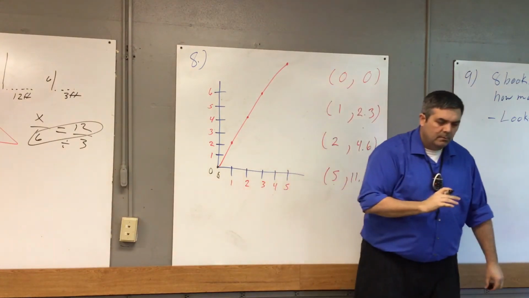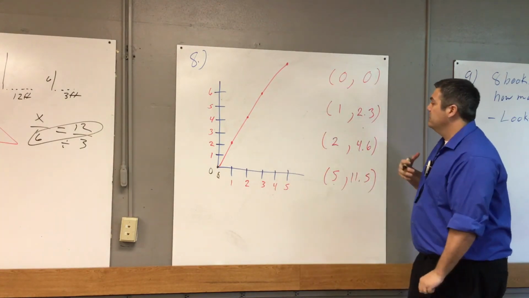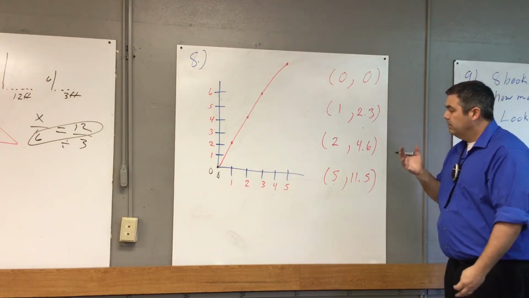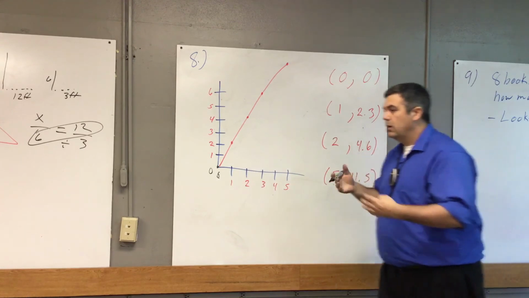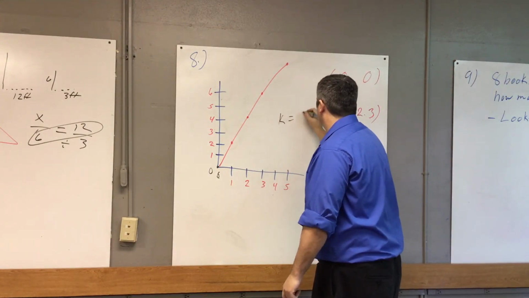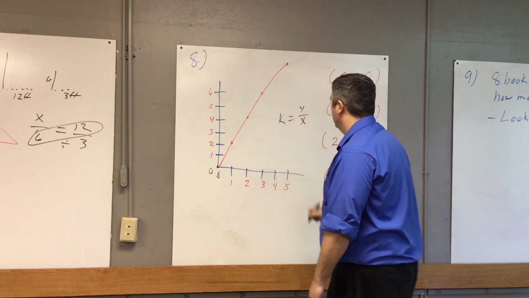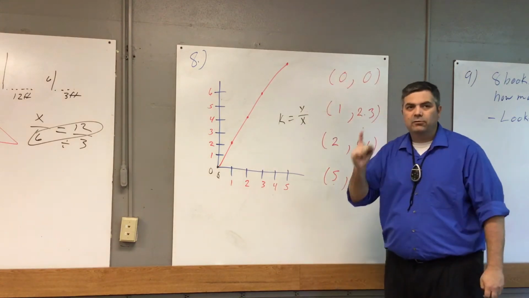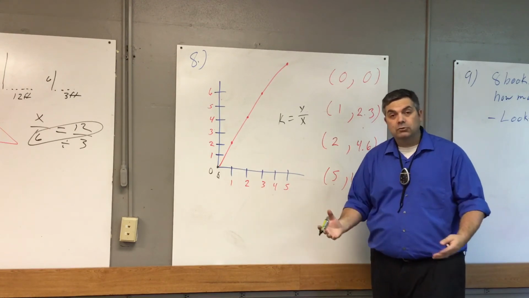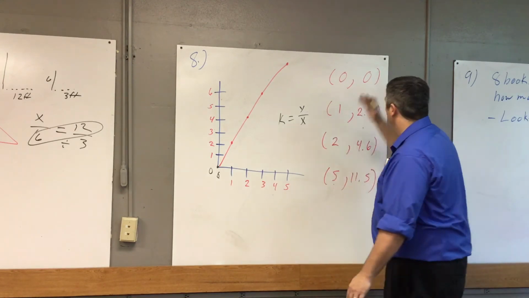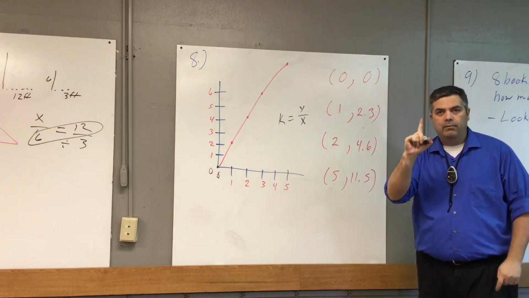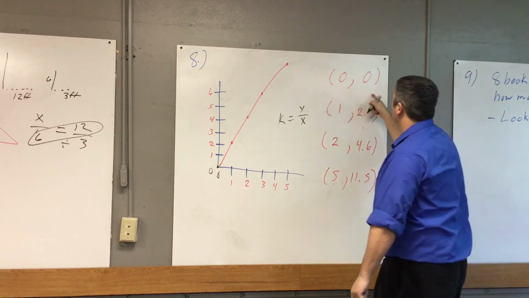That works. But then they give you these ordered pairs and they say, which one of these is your unit rate? Well, when you do your constant of proportionality, equals y over x, this lets you find your unit rate, because when x is 1, that's your unit rate. So which one over here has an x of 1? Well, this one doesn't.